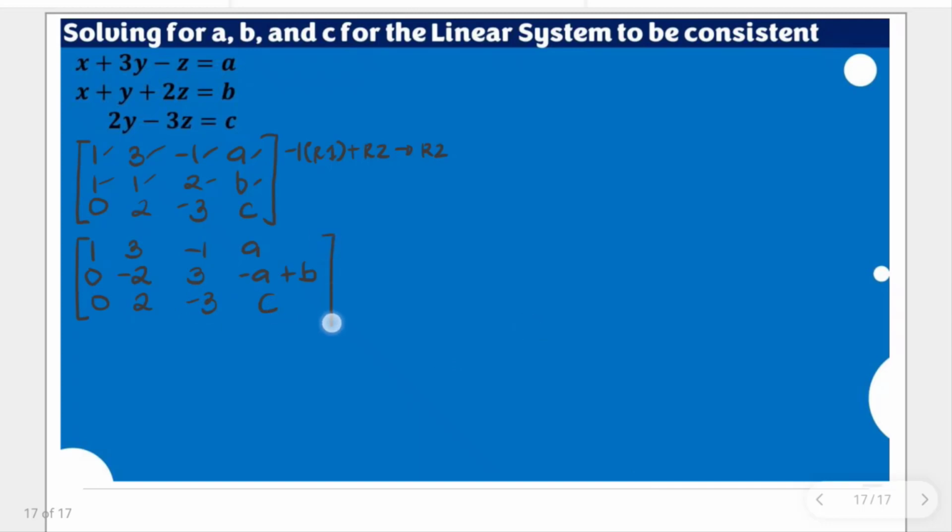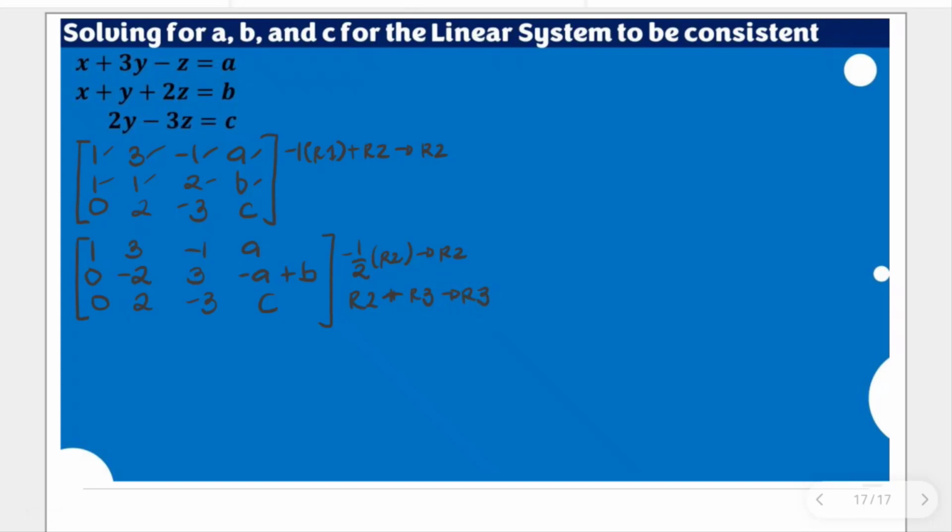Okay? Then, let's try to multiply -1/2 to our row 2 for a new row 2. And we are also going to make this equal to 0. We could use the result of this, but we could just simply attack this at once using the original row 2 here. So let's try to add row 2 plus row 3 for a new row 3.